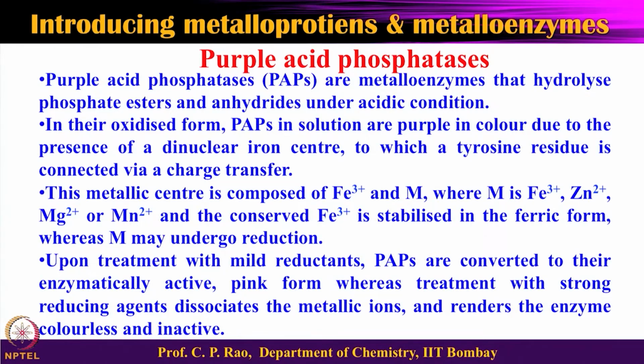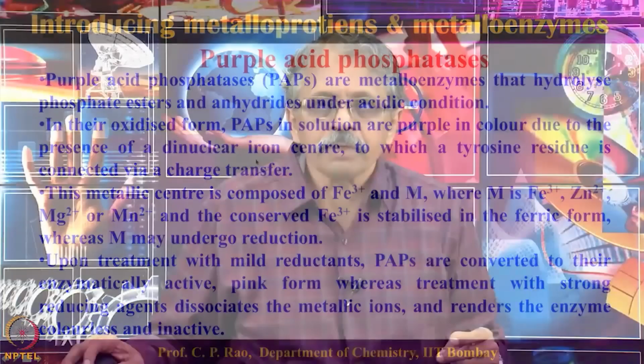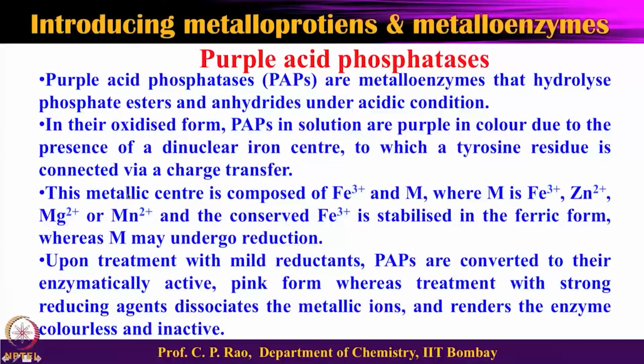And if you look at their oxidized form, they are purple in color, and the origin for the color is the charge transfer from the tyrosine to the oxidized iron center.